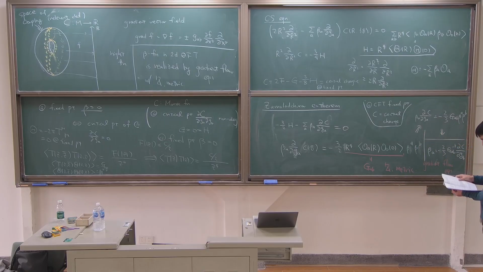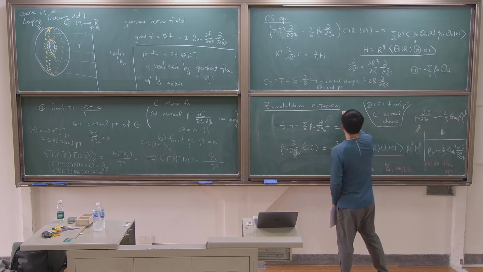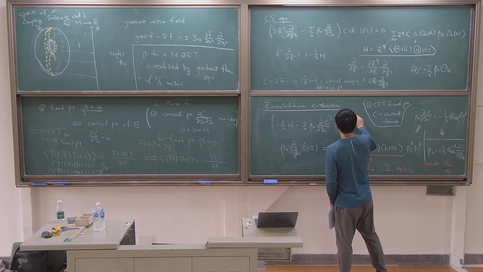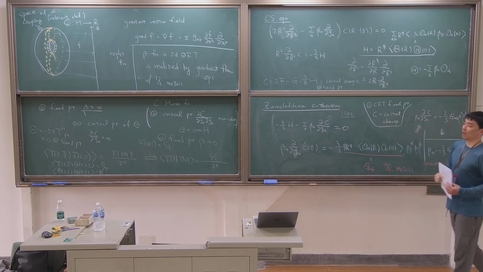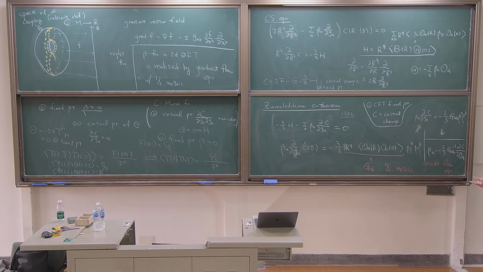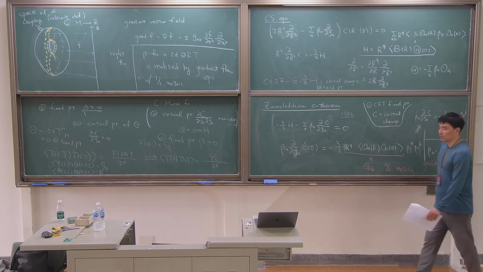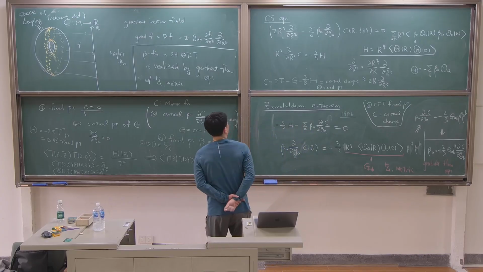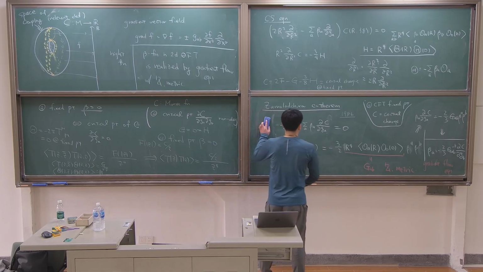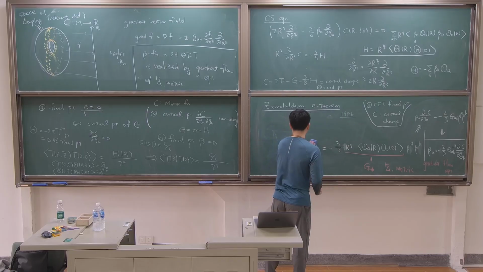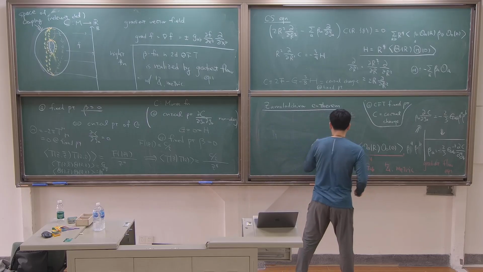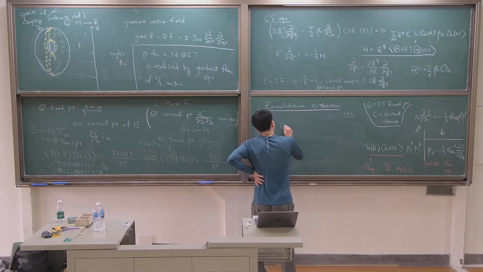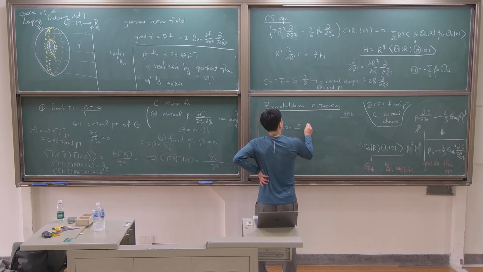It's really a milestone in 1986. Beautiful. So this function C somehow controls the information about the RG flow. And moreover, what's really happening is that C_UV has to be greater than C_IR.